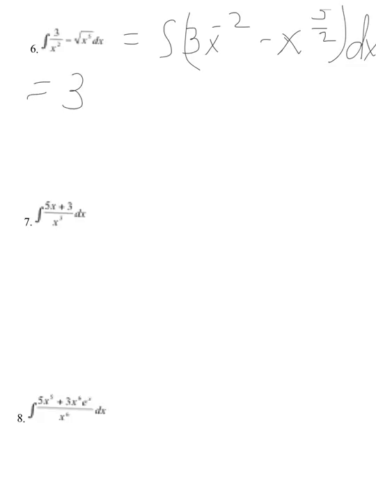Keep the 3, and I do what with the exponent? If it's x to the negative 2, I add 1. So I have my negative 2, add 1 to it. That's going to give me what for my new exponent? A negative 1. And then I do what with that new exponent? Divide by it.